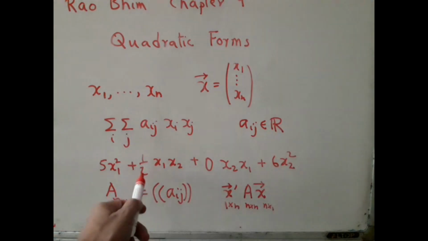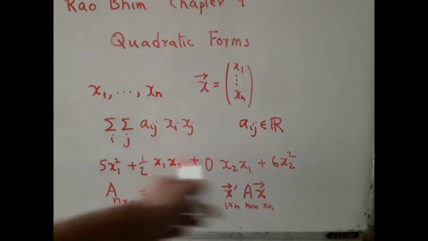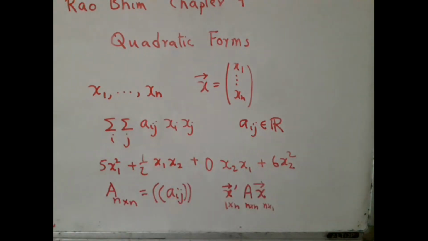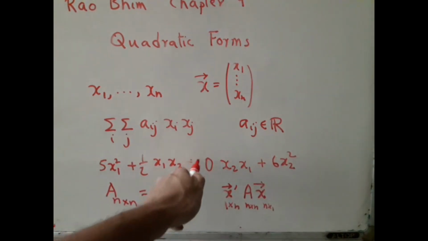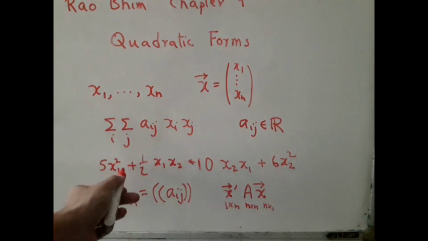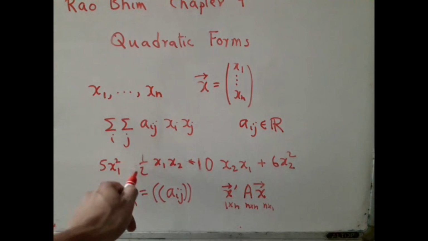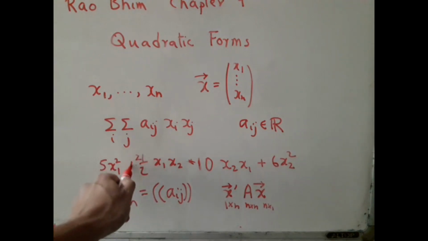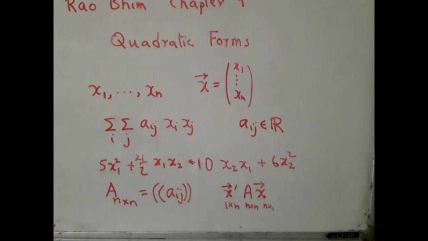So I can say that a12 is half and a21 is 0 without actually changing this expression. I might as well make this minus 10 and just compensate by adding 10 here. So all these things are basically the same quadratic form.